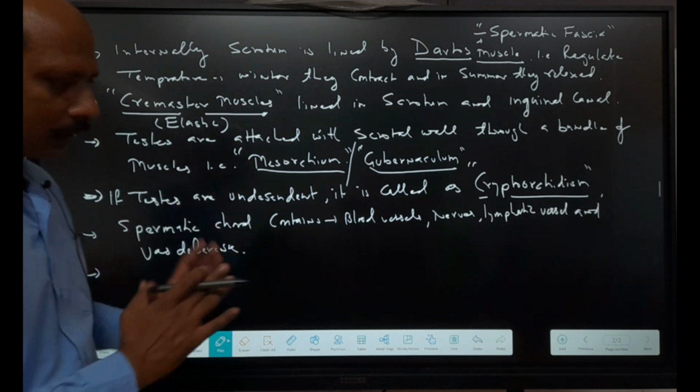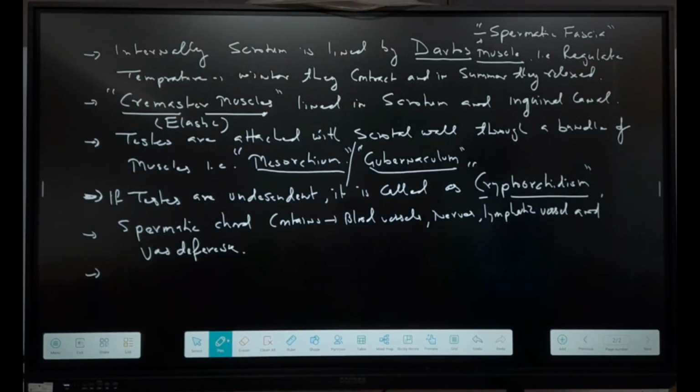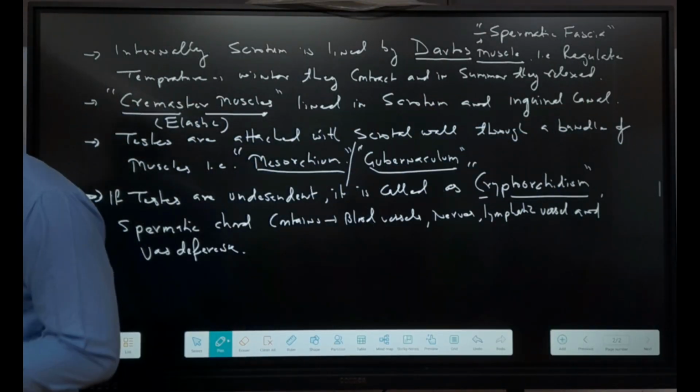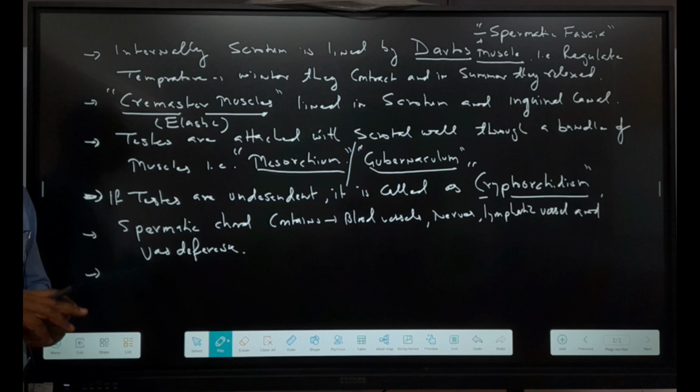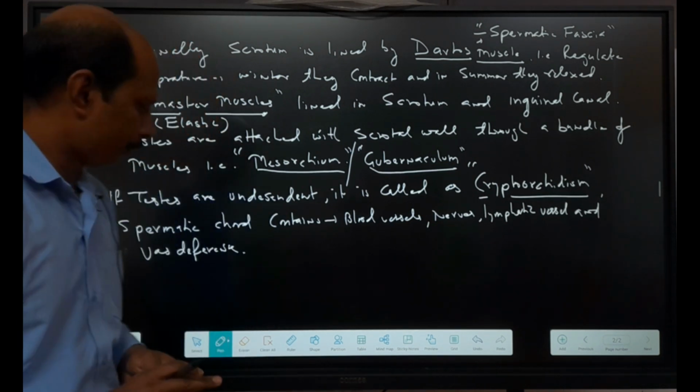Okay, so these are some specific information which we have to know. Another, the structure of the testis. Now we are going to read about the structure of the testis.